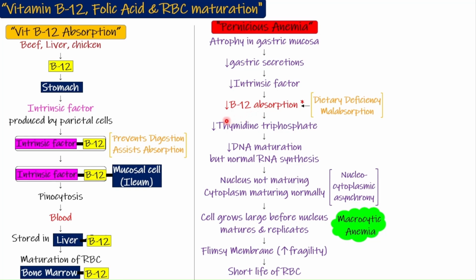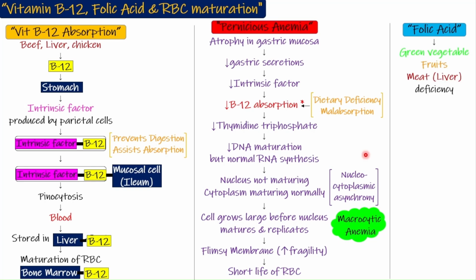Okay, and then vitamin B12 deficiency due to any reason will result in this macrocytic anemia because of the decrease in thymidine triphosphate formation and nucleocytoplasmic asynchrony. Okay, so this is the role of vitamin B12 with reference to RBC maturation, and this is pernicious anemia. Now let's move to the folic acid.